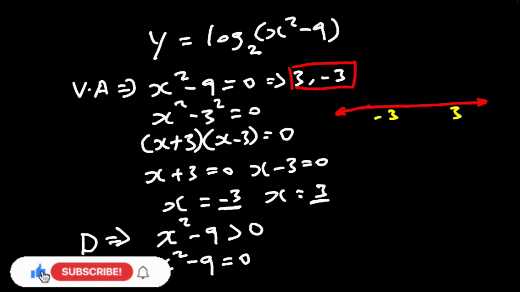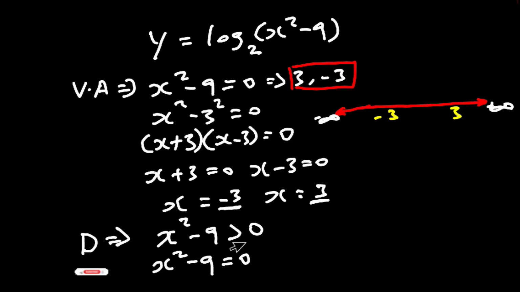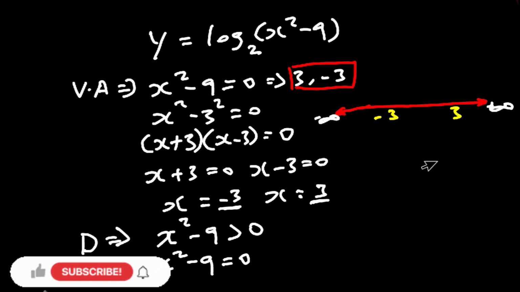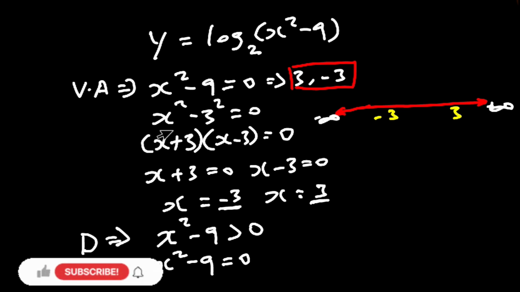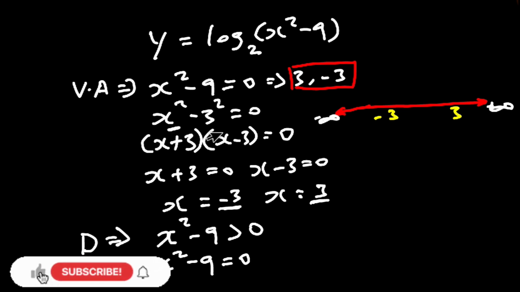We are going to test each of those regions to know the ones that actually give us values greater than 0, because for this domain, the number must be greater than 0. Let's plug in negative 4, because negative 4 falls within the first region. Negative 4 plus 3 is negative, negative 4 minus 3 is negative, and negative times negative is positive. So here gives us positive.